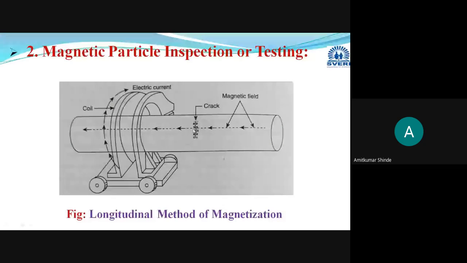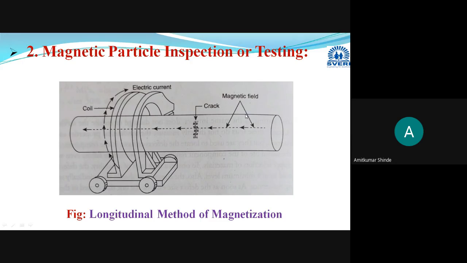Circular current is passed using the coils, and due to this circular current, a magnetic field will get created lengthwise, meaning in the longitudinal direction. That's why this method is termed the longitudinal method of magnetization. And due to this lengthwise magnetic field, the transverse crack can be detected.